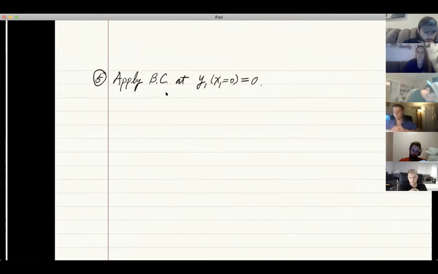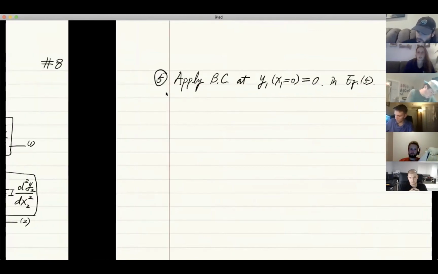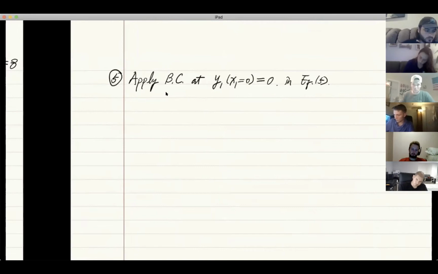Now we apply this one in equation 5. We just plug in. What we know is plug everything into 0. And then you know that 0 equals A. Now cosine 0 is what? 1. Yes. So that's A times 1.